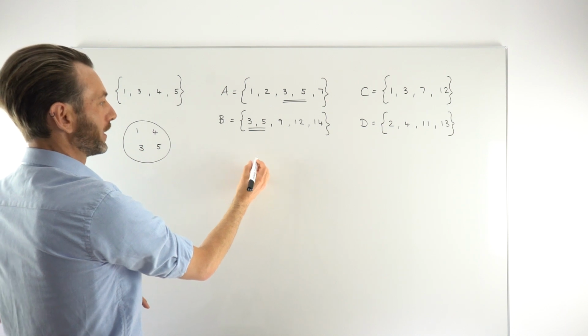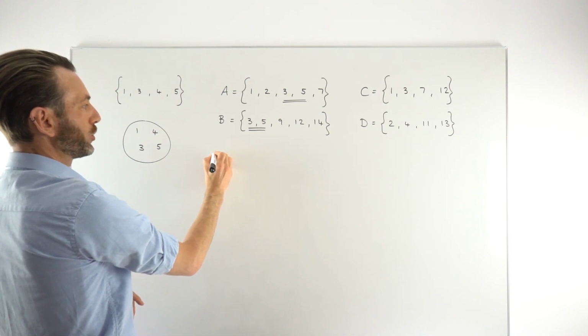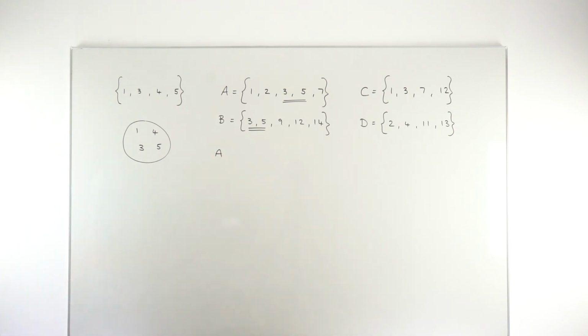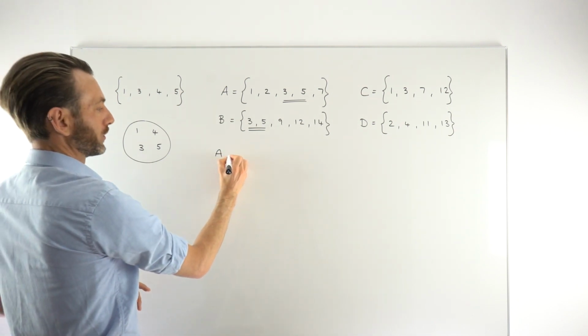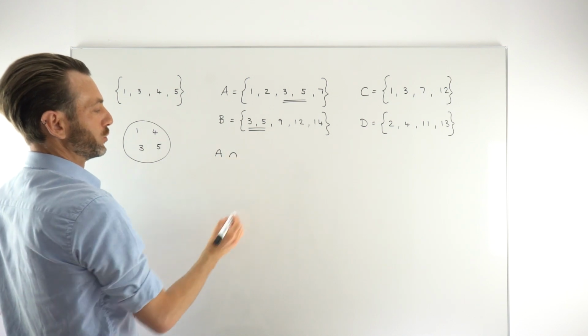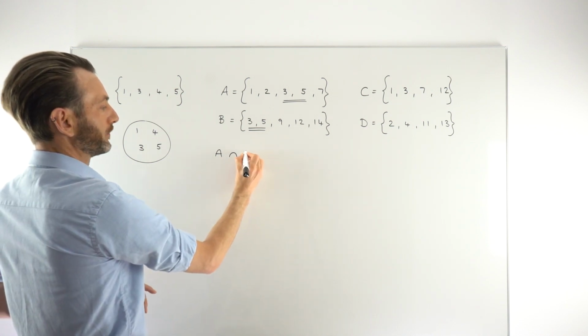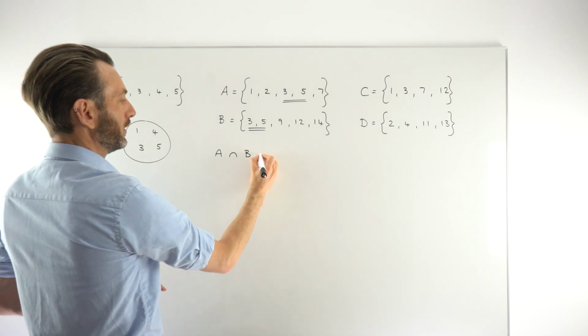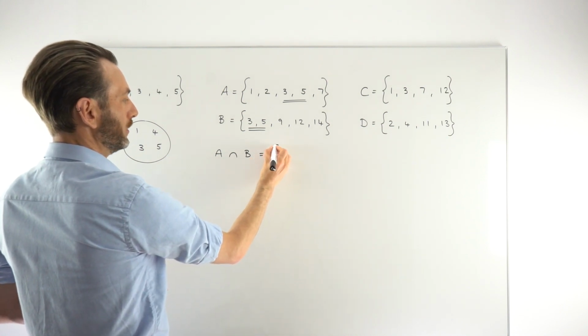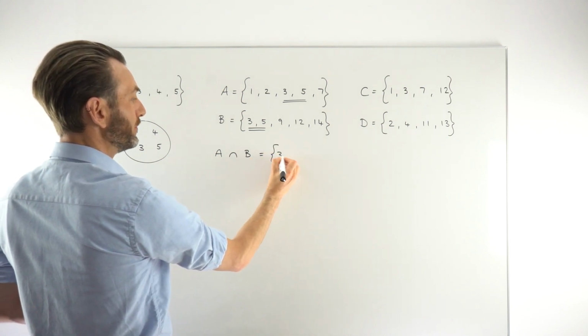First of all, the notation for this, called the intersection, is an upside down U like this, so A intersection B, and the intersection written in set notation would just be 3, 5.